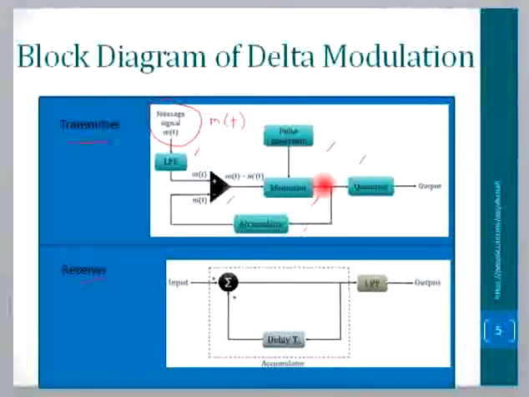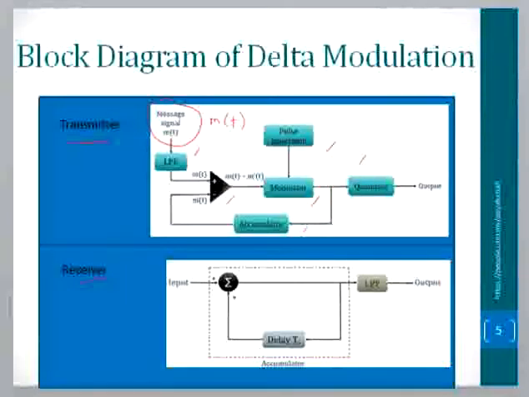The modulator multiplies the pulse generator with the output of the comparator, and the output of the modulator is a pulse signal whose pulses have equal magnitude with polarity either positive or negative.